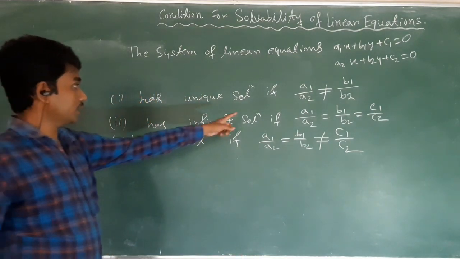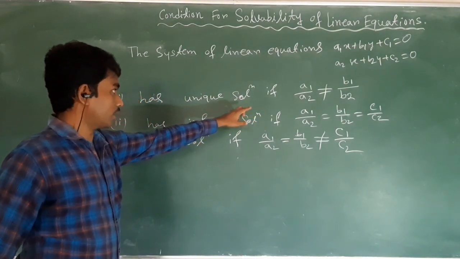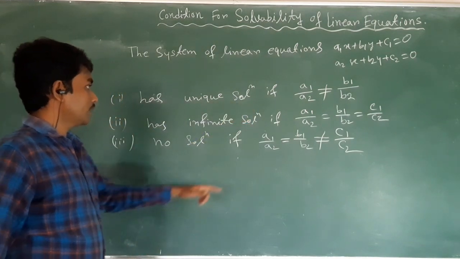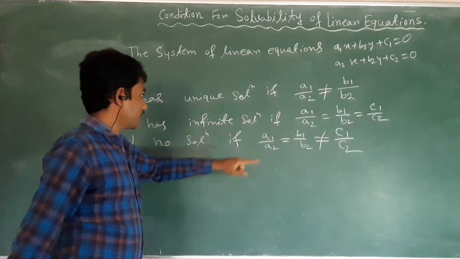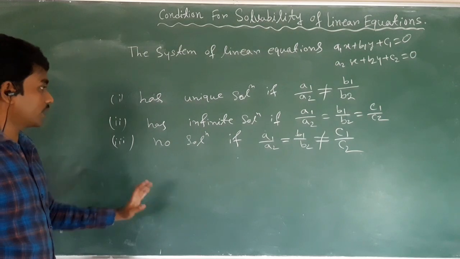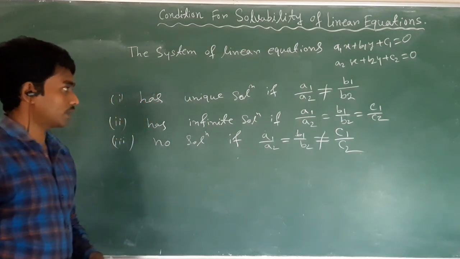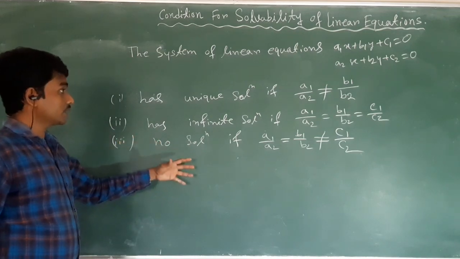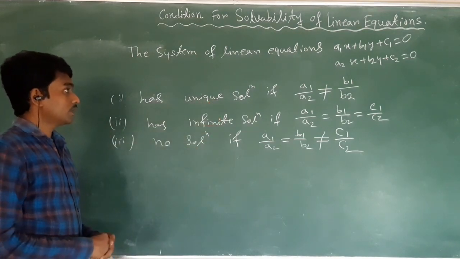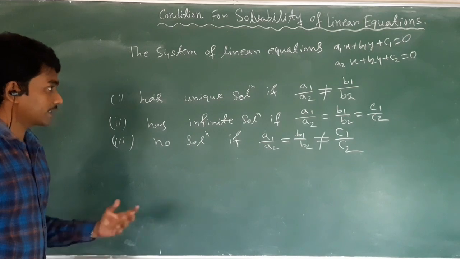So this is the condition for unique solution, and this is the condition for infinite solutions, and the last one is the condition for no solution. So now we use these three formulas to solve the exercise.